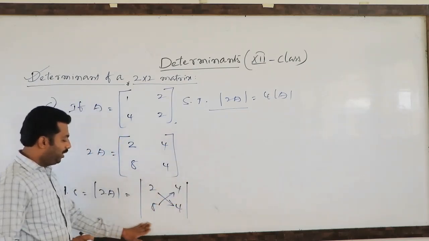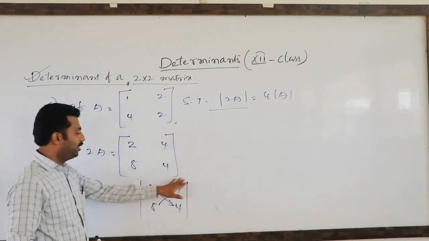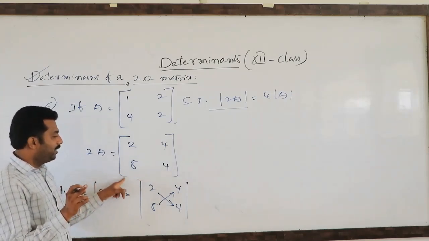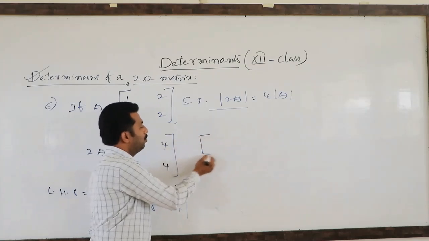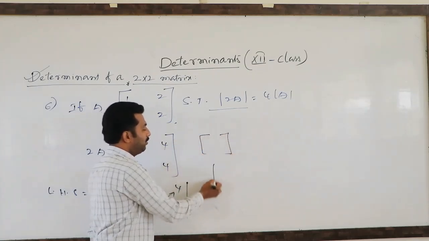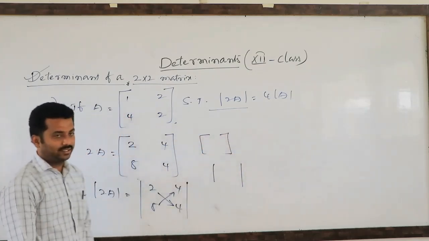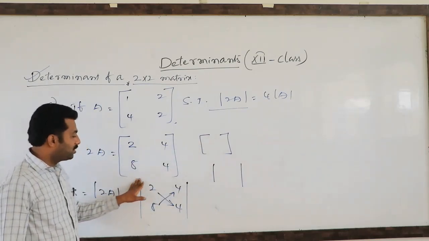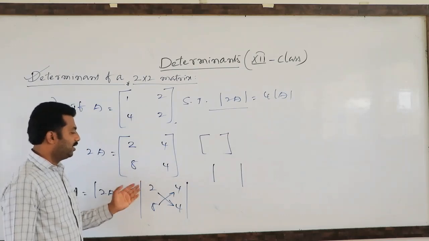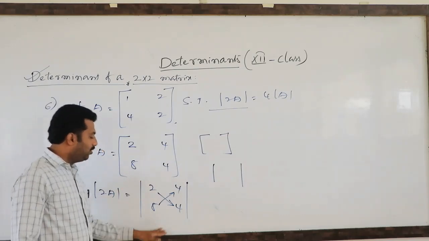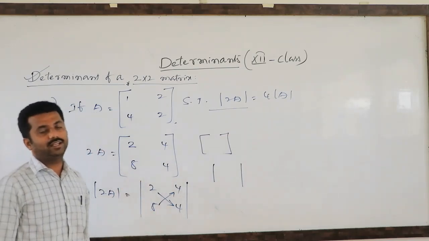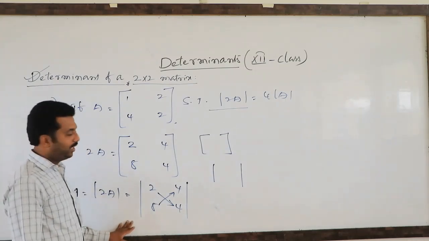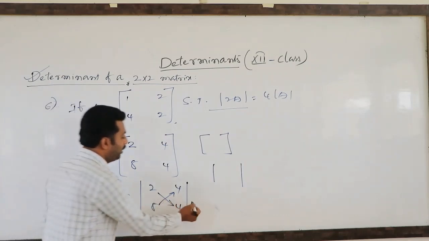So be careful while you are writing determinant. You should not use this symbol. For a matrix, you have to write closed brackets. Otherwise these two bars you have to write like that. This is the determinant. This is the matrix. Many people confuse here, and just by mistake they write the matrix symbol like that. So you may lose marks in these cases. Okay. So be careful while you are writing determinants.